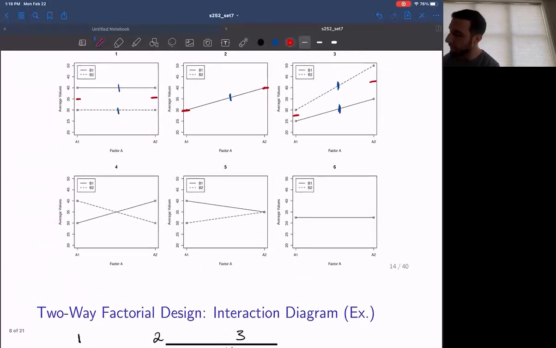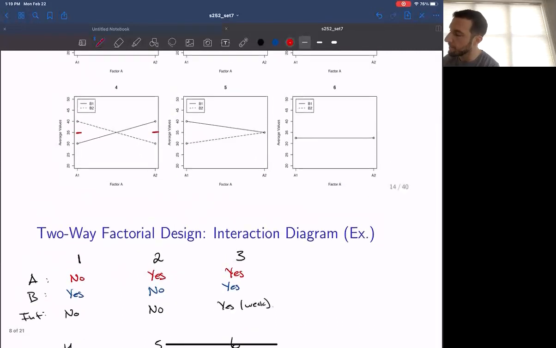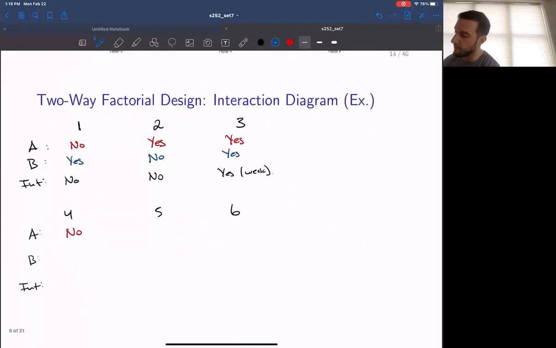Okay, so in diagram 4, we have the average for A1 and A2, and that's at the same point. So we have no main effect for factor A. For factor B, we can see that the averages again are at the same point. Okay, so for B1, the average is 35. For B2, the average is 35.